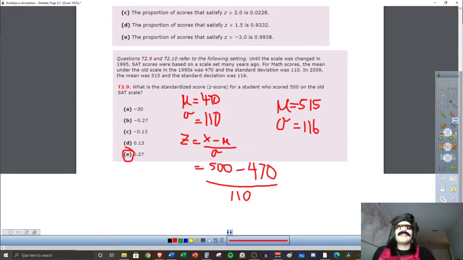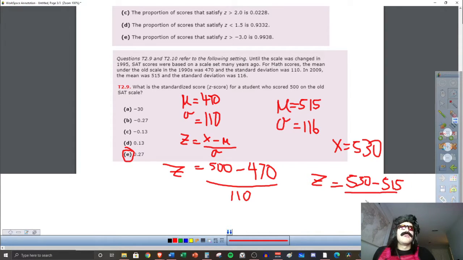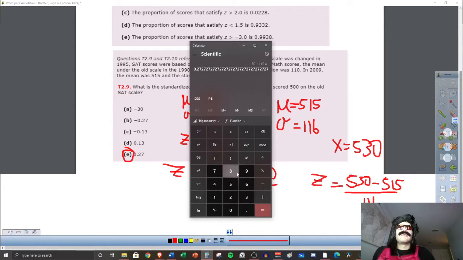How can you tell? Well, let's go ahead and do another calculation with the new scale. We want x to equal 530. So then that means for our z-score, it's going to be equal to 530 minus 515 over 116. So let's see what her z-score is.